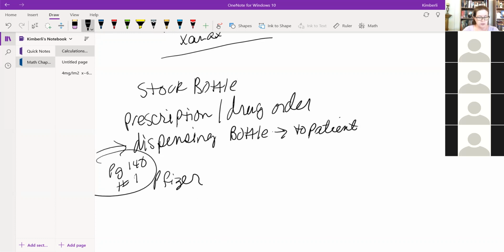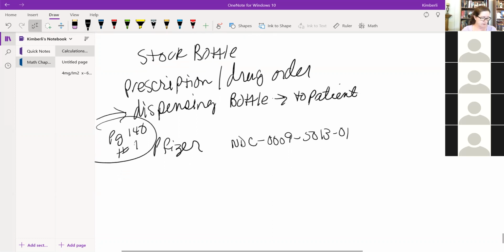And what is the NDC number on this container? In the middle on the top. It's the one that starts with NDC at the top? Yes. 0009, 1301.